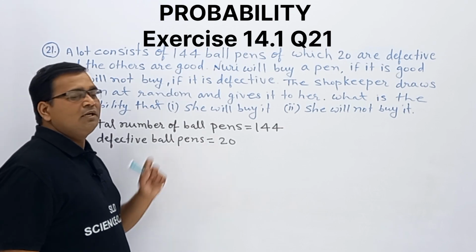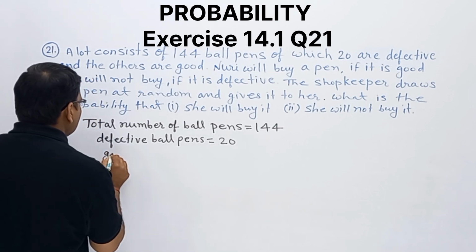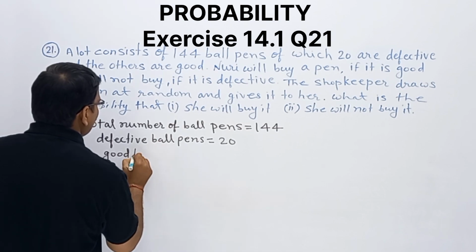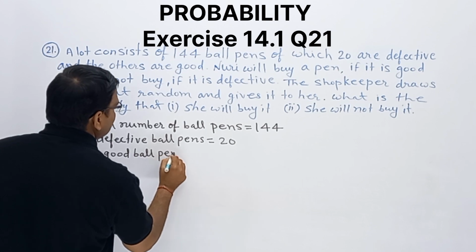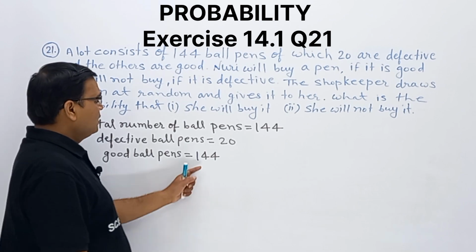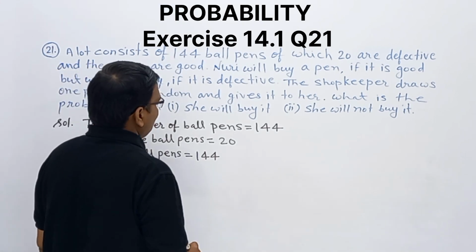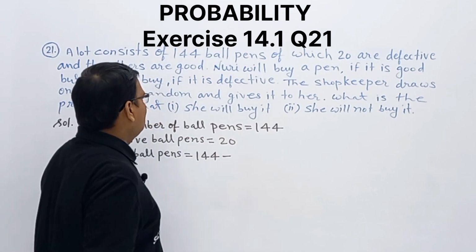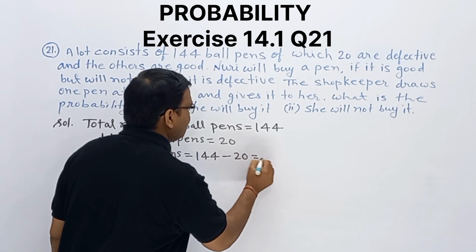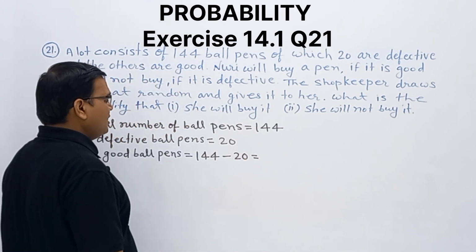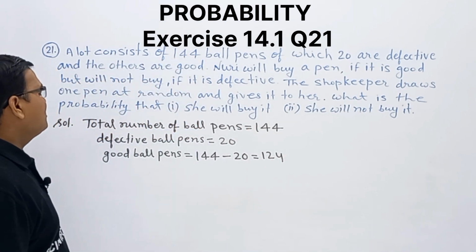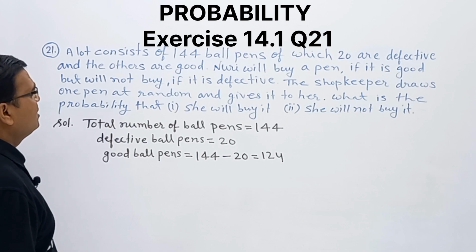So what about the good ball pens? Good ball pens will be total 144. In a lot we are having 144 ball pens, in which 20 are defective. So 144 minus 20, once we subtract, we are getting 124. 124 ball pens are good. Clear?